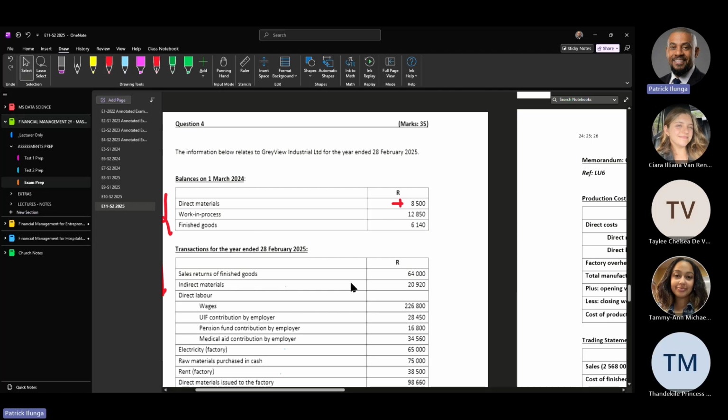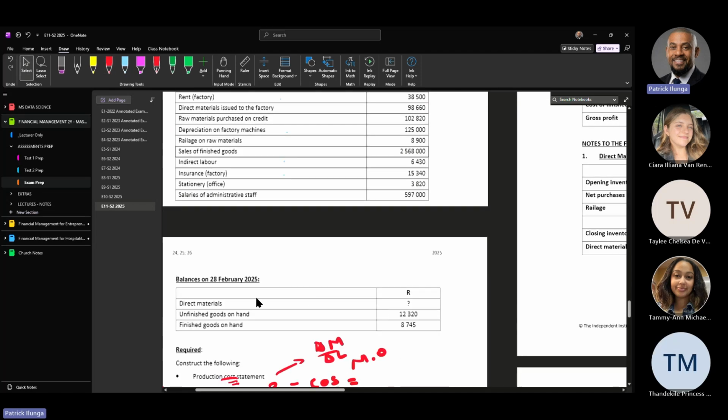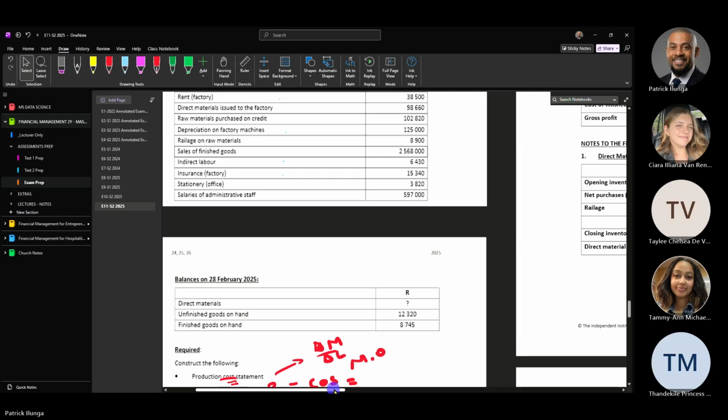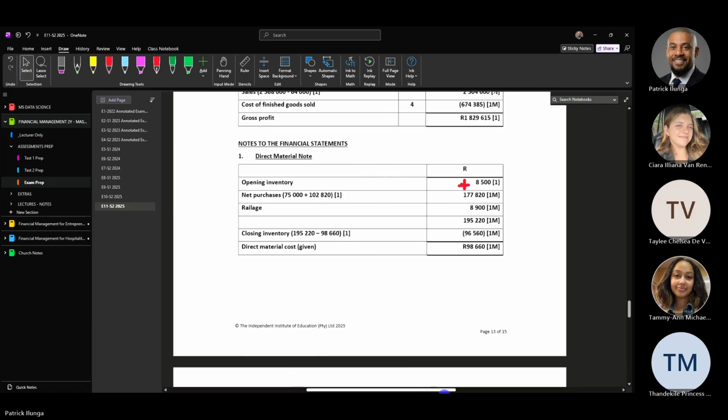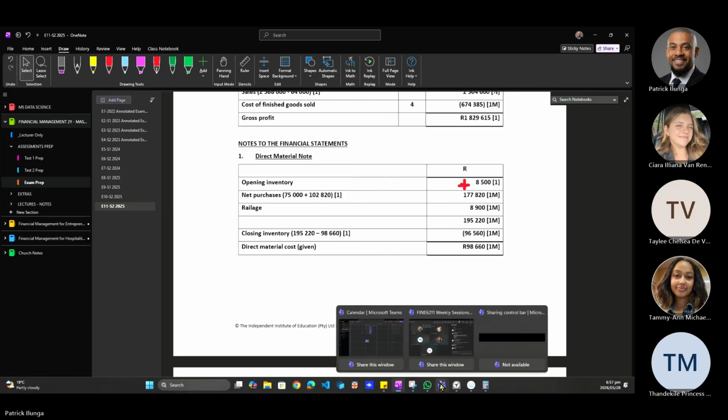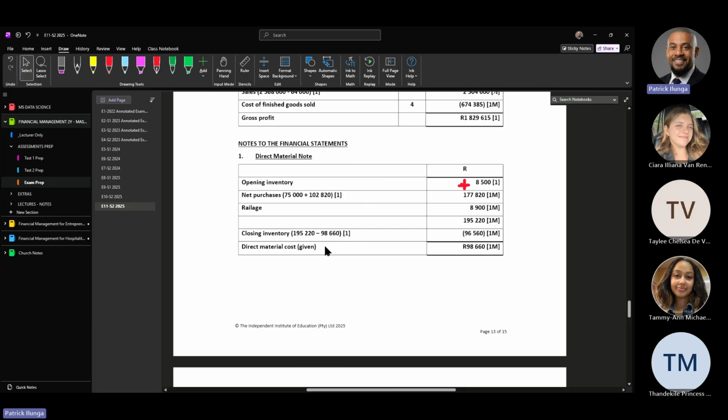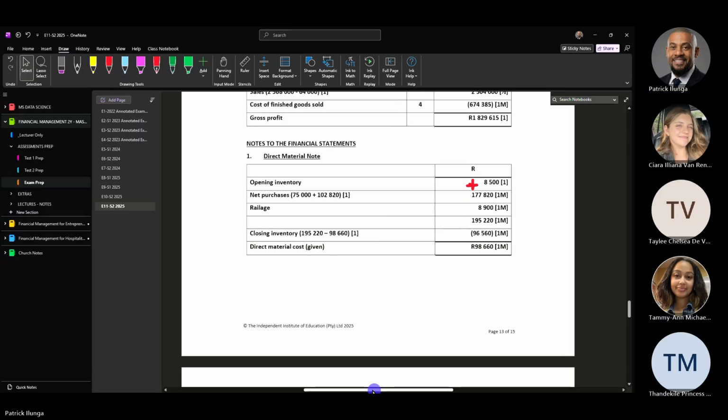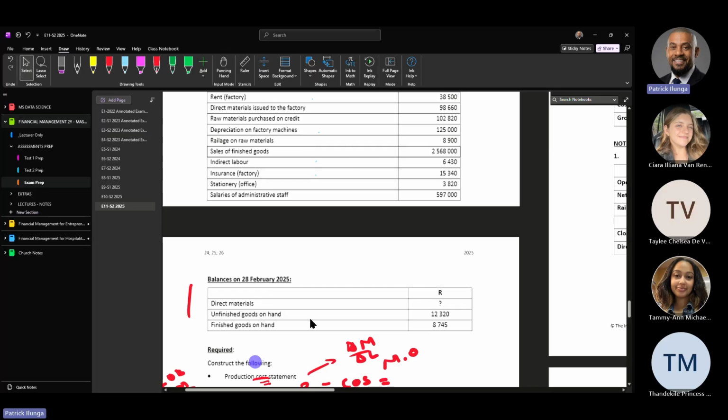So if direct material has an opening balance, we check: does direct material have a closing balance? No, it doesn't. So we need to find it, because clearly they showed us here.